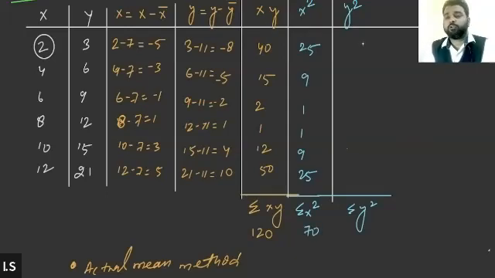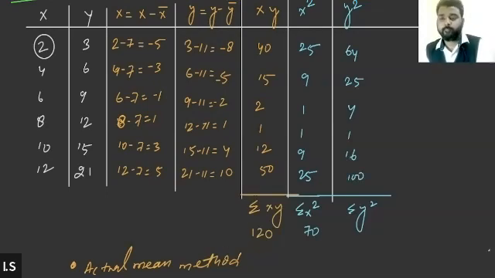And now we will square the deviation of y series. Then 8 square 64, 5 square 25, 2 square 4, 1 square 1, 4 square 16, 10 square will be 100. Now we will total all these values, so we will get 210.